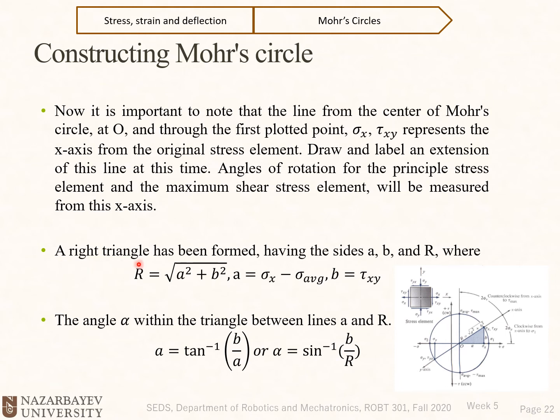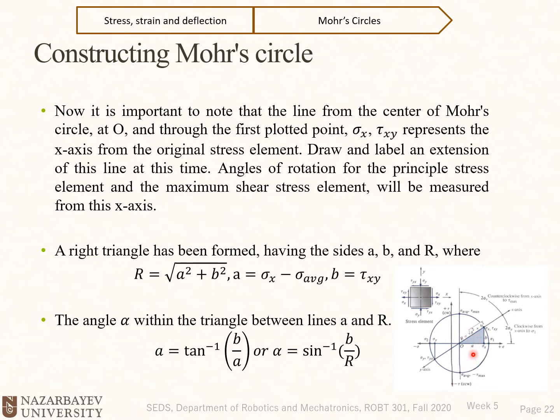A right triangle has been formed here, having the sides A, B, and R, where R is the square root of A squared plus B squared, and A is sigma x minus sigma average, and B is equal to tau xy. The angle alpha within the triangle is between lines A and R. So this is the alpha.